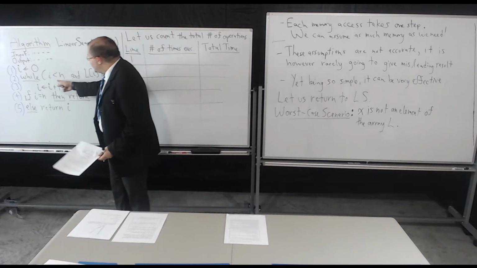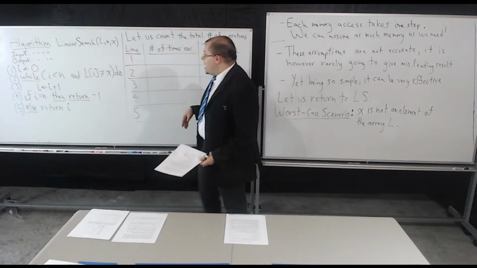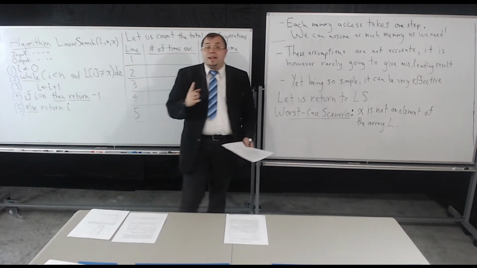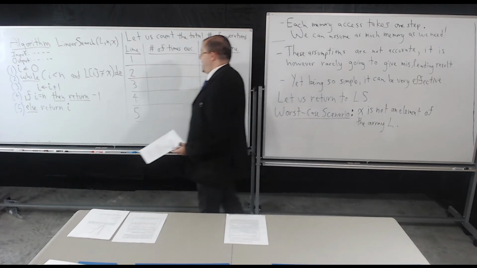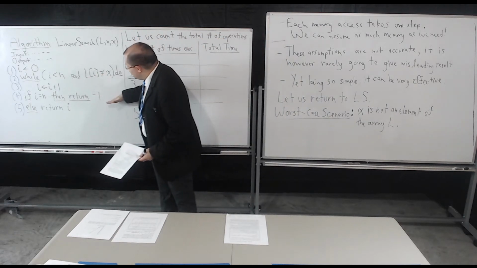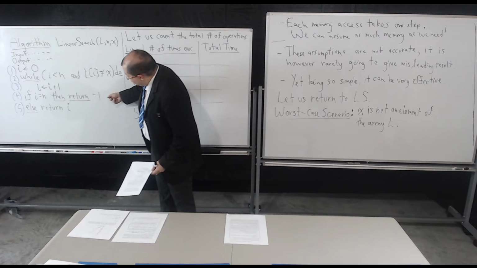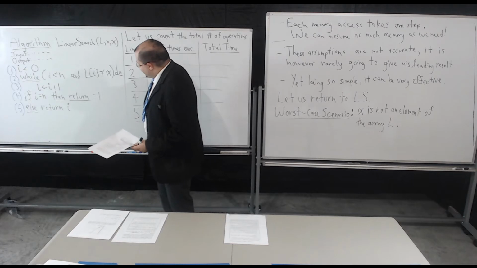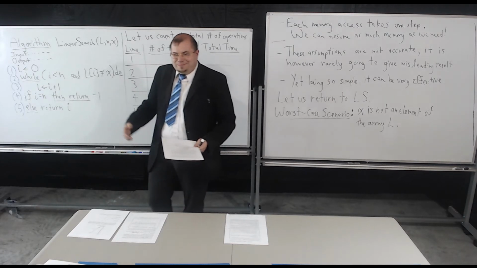So how many times is it going to happen? It's going to happen until i is equal to n. The while loop will check that condition, and then it'll say, hey, look, I'm done. i is equal to n, and then it breaks out of the while loop. Then we consider the if statement, and you'll notice that i is equal to n, so I'd return -1, right? So that's it.